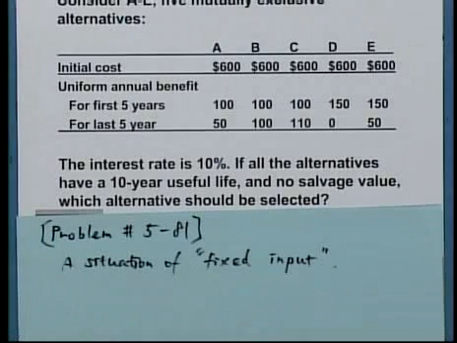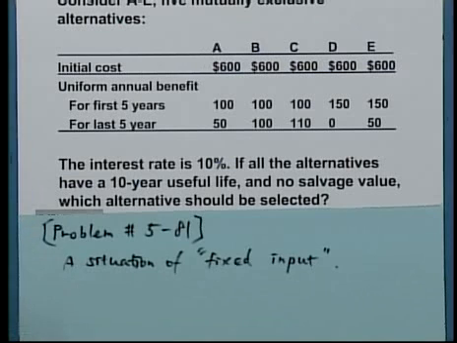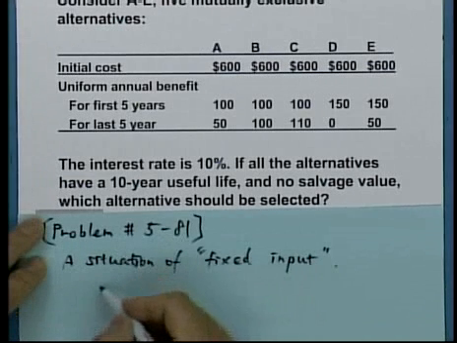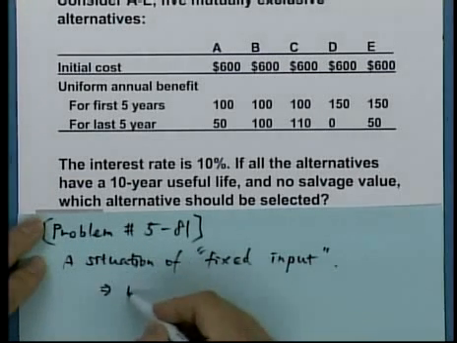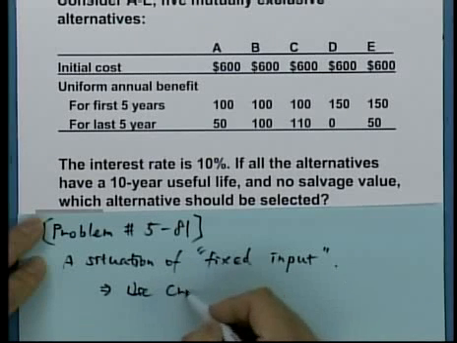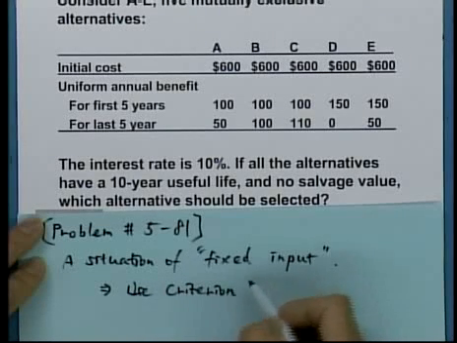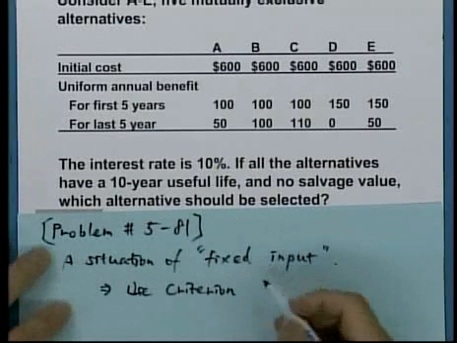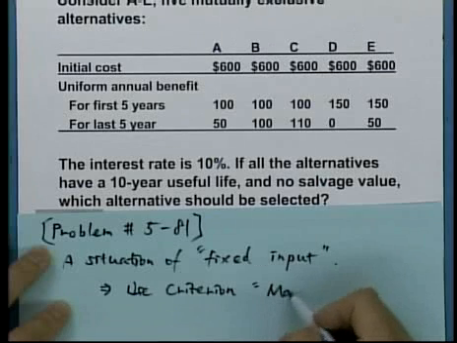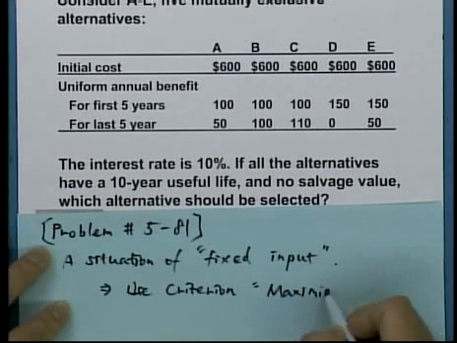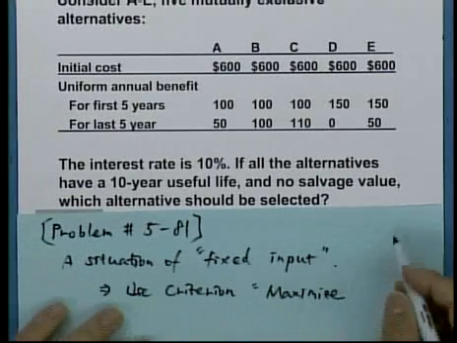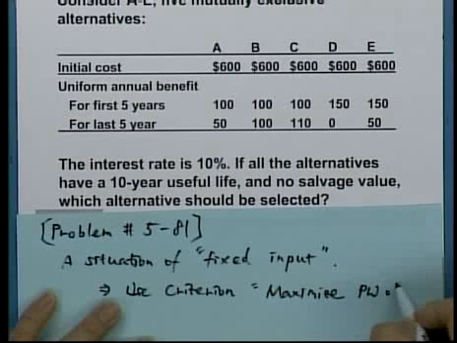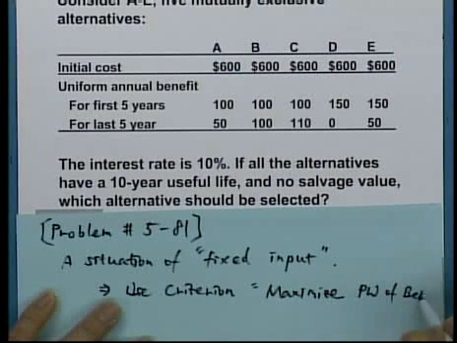Okay, so the criterion that we are going to use is to maximize the present worth of benefits. Okay.